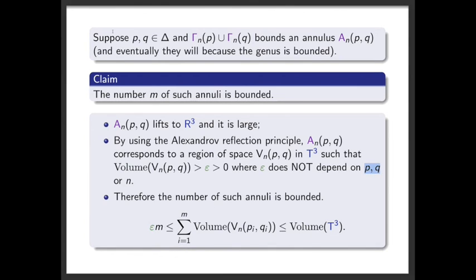So each time you create an annulus, you create volume, but the volume of T3 is finite, so you can't have too many annuli of this type.